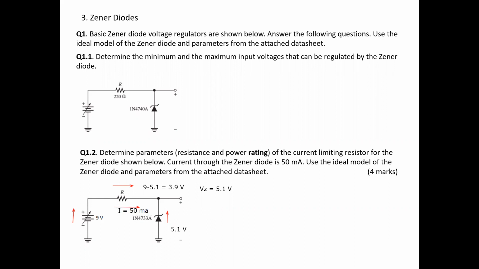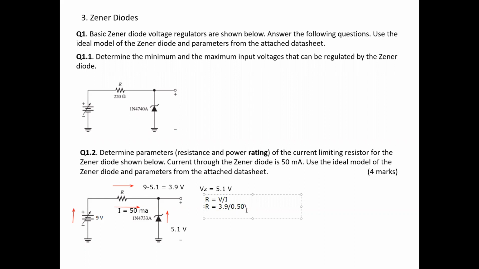So if you apply simple Ohm's law, you can find R, that is equal to V divided by I. So R is equal to 3.9 divided by 0.050.